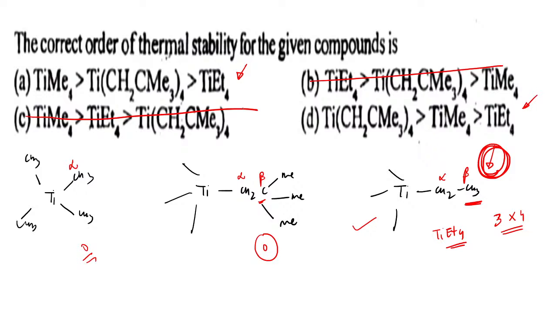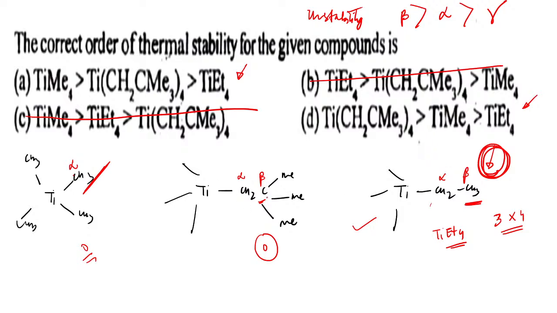Next, in this complex we have maximum beta hydrogens. For instability, beta hydrogens play the major role. After beta hydrogens we have alpha hydrogens, then gamma hydrogens. In this case you have the maximum number of alpha hydrogens, and in the other cases you have 2 alpha hydrogens.